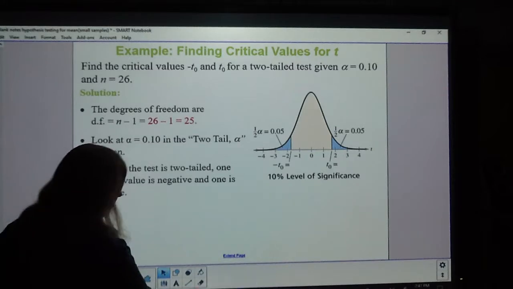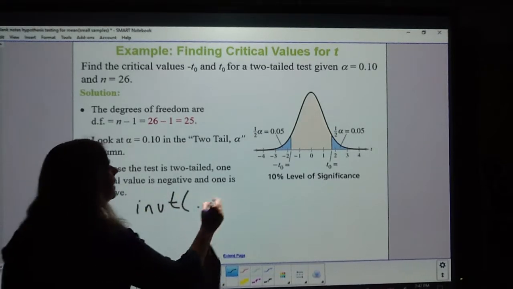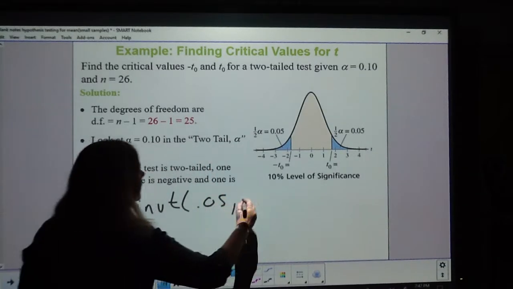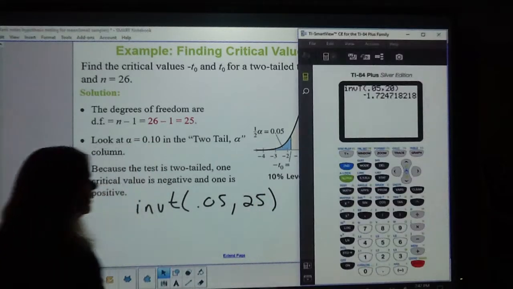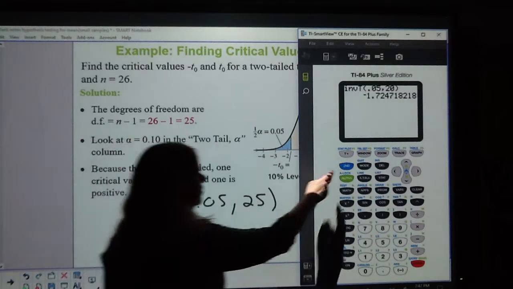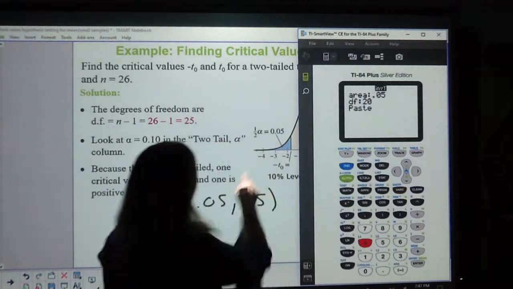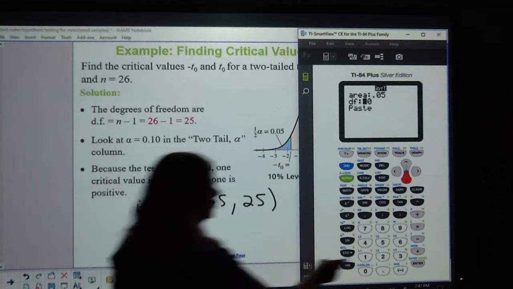And so now, in your calculator, inverse t, area to the left, degrees of freedom. So let's do that in our calculator. Inverse t, so second distribution, inverse t, area to the left, 0.05, which is already there from the last problem. Degrees of freedom, 25.